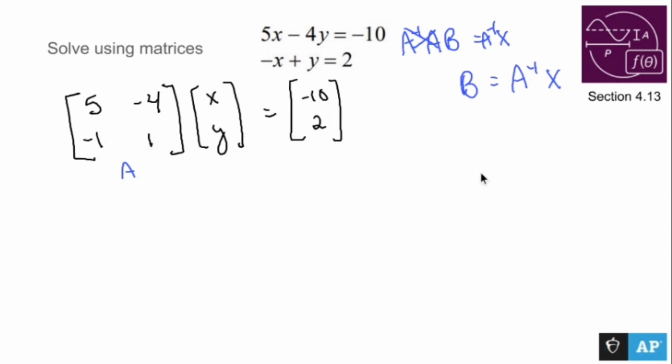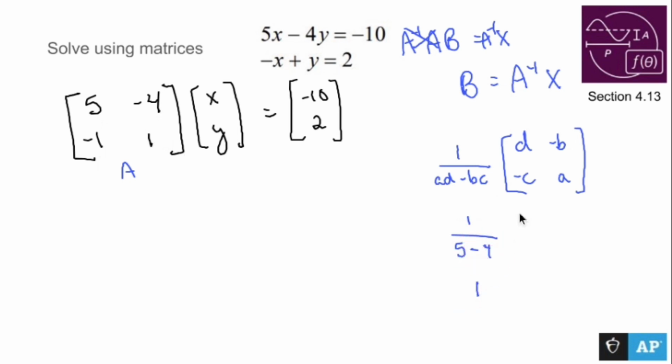So the inverse is found by taking 1 over the determinant, which is AD minus BC, and you multiply that to the matrix where A and D are flip-flopped and B and C are opposite. So the inverse of A is going to be 1 over A times D, which is 5 times 1, minus B times C, which is -4 times 1.